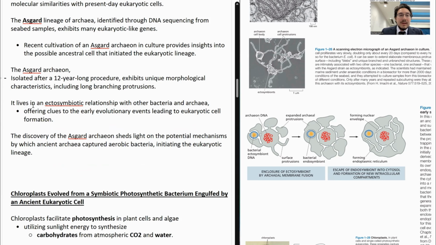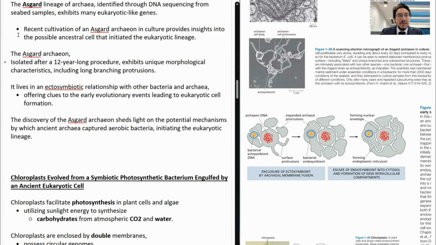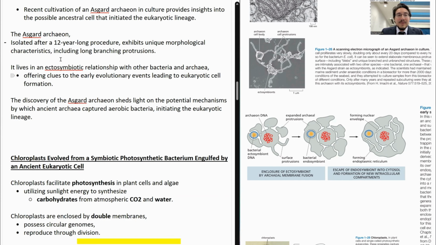So, of course, scientists collected these samples. They made cultures of these samples and sequenced them to get some idea on similarity. Studying this archaeon basically took 12 years, and they're very unique in their structure and in their DNA sequence.